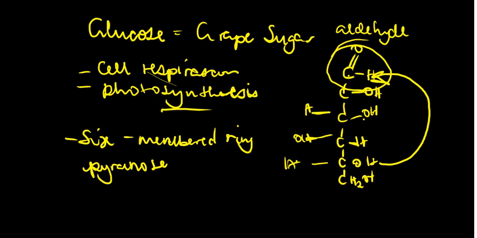It's a 6-membered ring, and because of going from a straight chain into a ring chain, you'll find that the OH group can either be at the bottom or at the top, like we said. So we can have alpha isomers or beta isomers. The existence of these alpha and beta forms leads to the formation of many dimers.